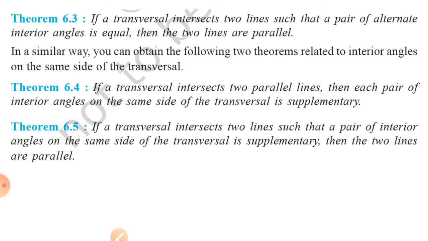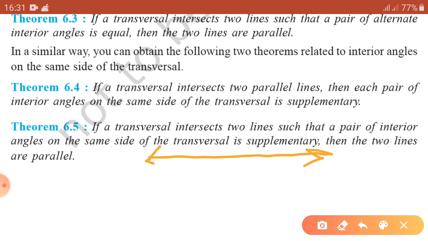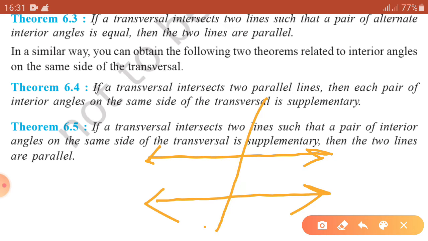Now we will move on to parallel lines and the same line. So here theorem 6.3 says that if a transversal intersects two lines such that a pair of alternate interior angles is equal. Already we have talked about interior angles in the first example.